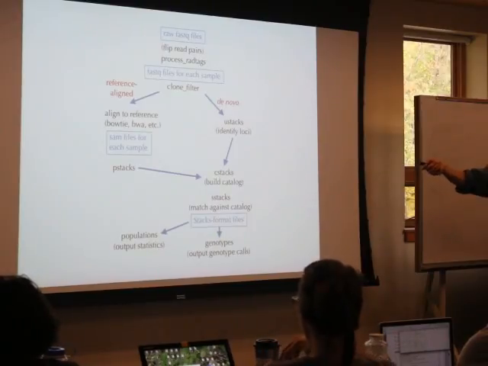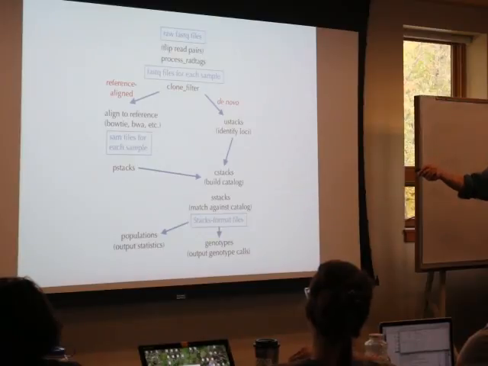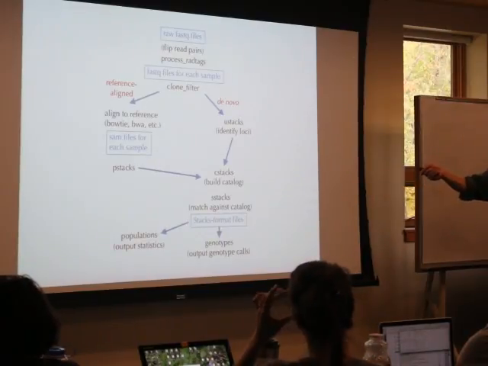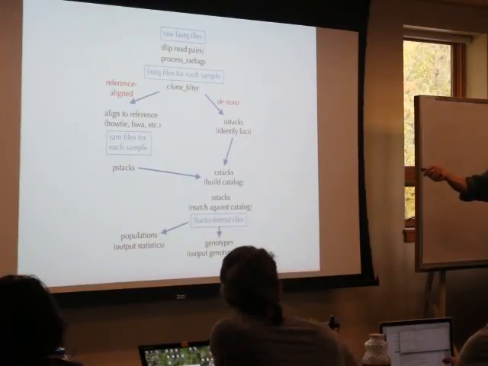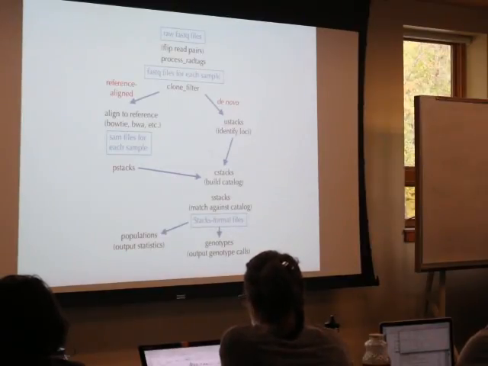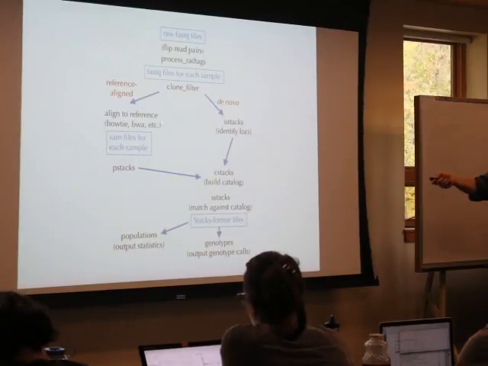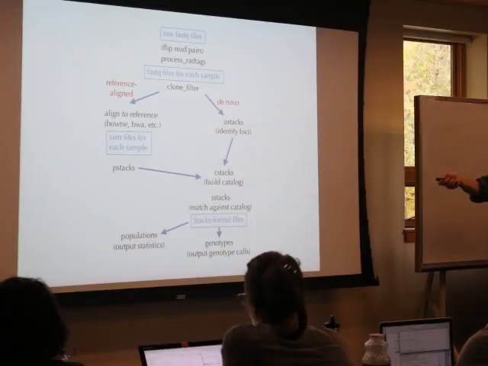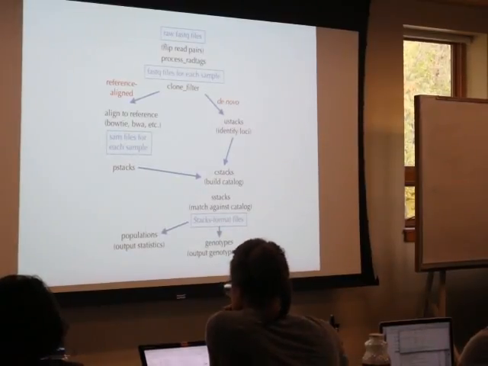Okay, so here you can follow this reference aligned path, or you can follow this de novo path. Like I said, this way you go to U-stacks, which essentially piles up reads into stacks depending on sequence similarity. Here you align to a reference, which stacks doesn't do internally. You have to use something like BWA, and then bring it back into stacks as SAM files, P stacks.